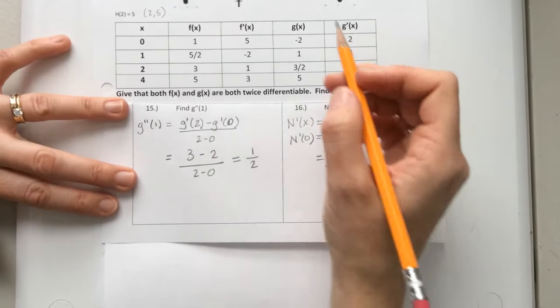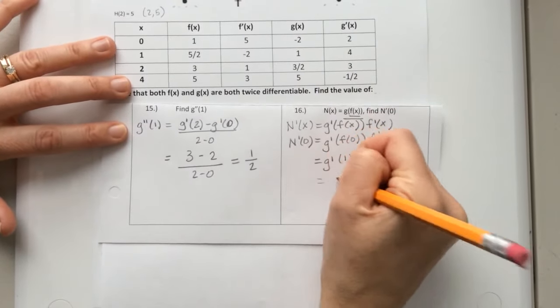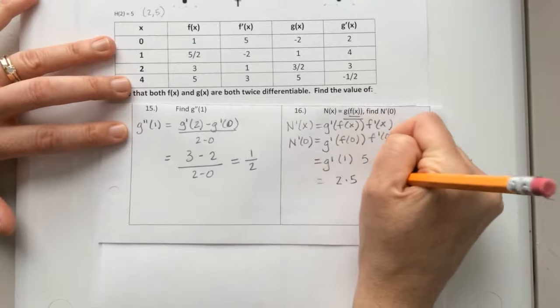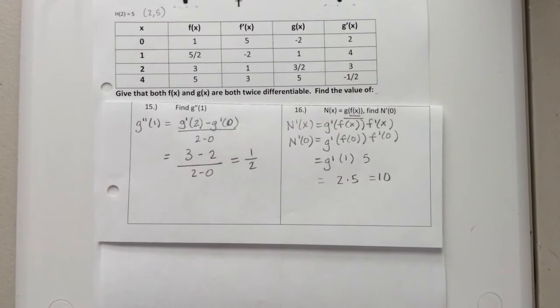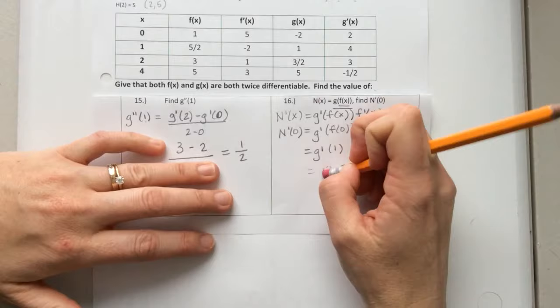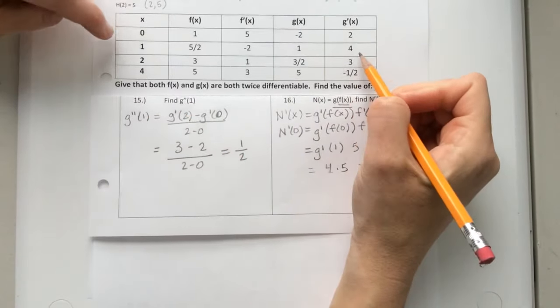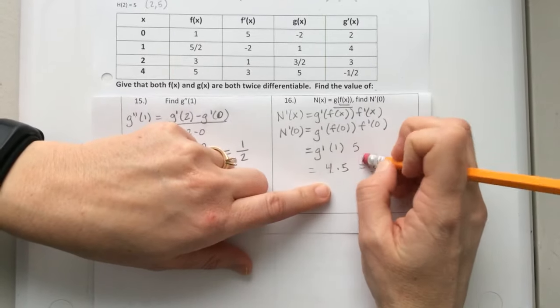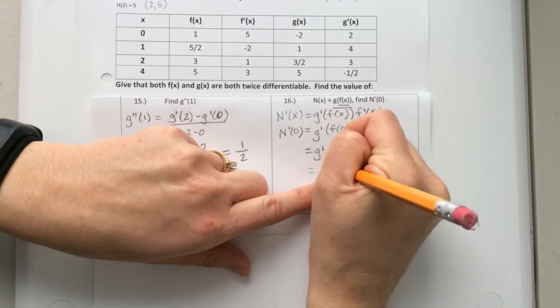And then f prime of 0 is 5. Oh, I lied. G prime of 1 is 4, which is why I wasn't getting the right answer. G prime of 1 is 4. 4 times 5 is 20.